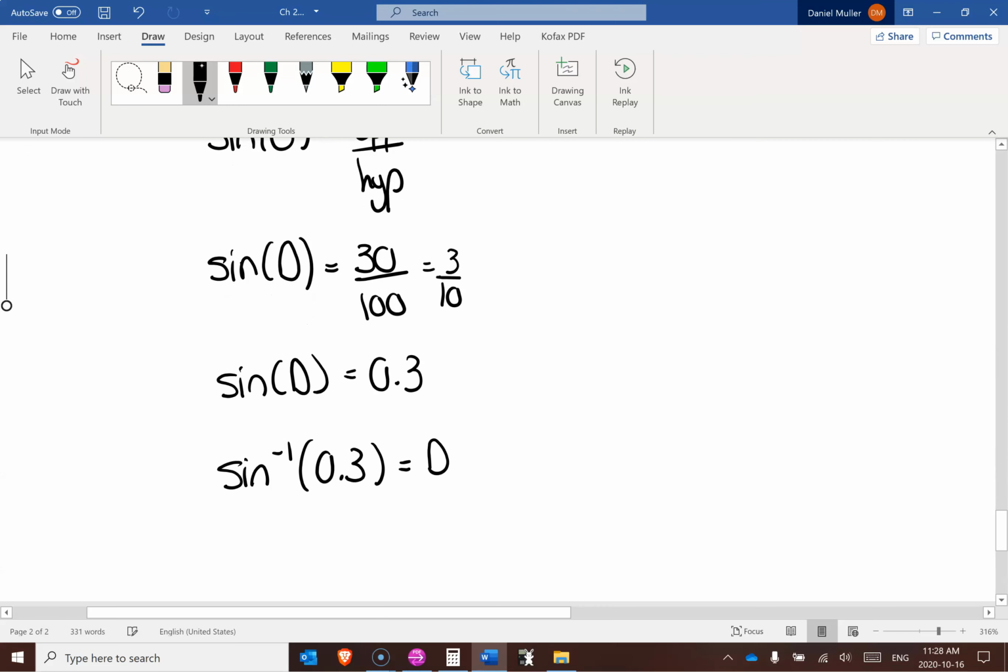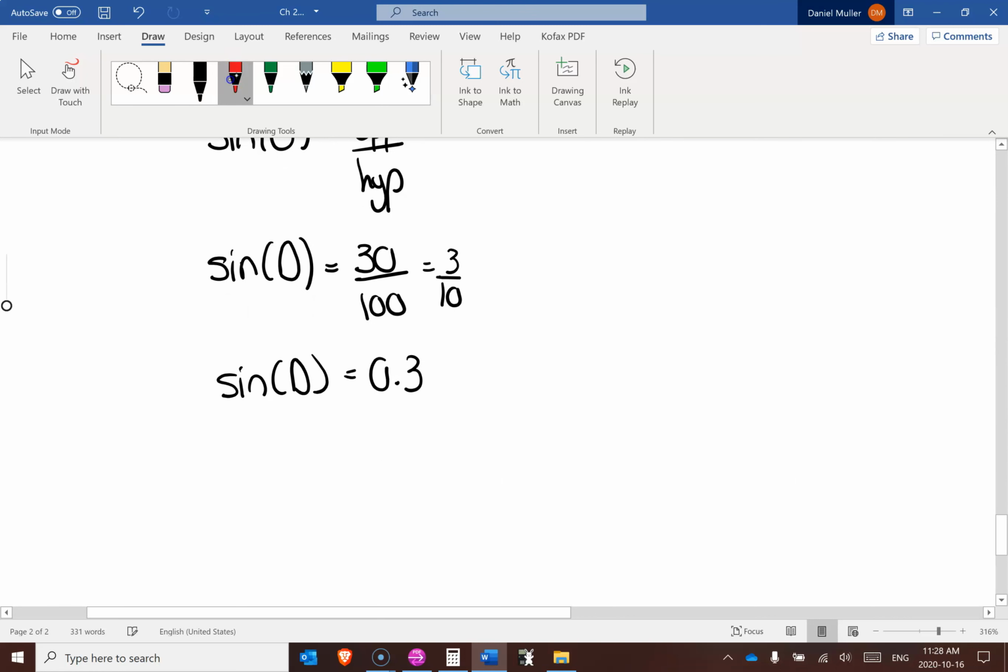Now the algebra behind it, and I won't do this all the time, but technically if you want to get rid of the sine, what you need to do is sine inverse on both sides.